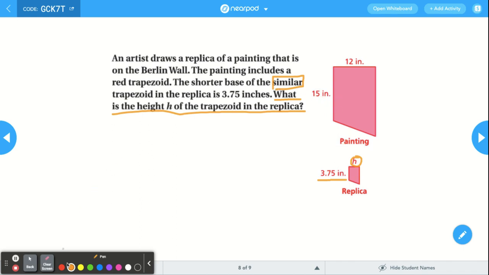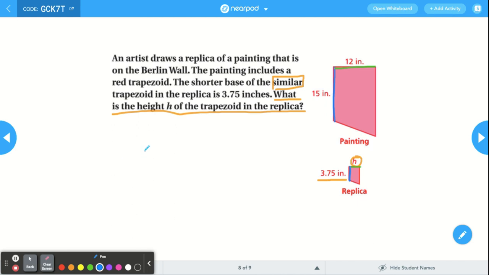So let's just point out some different things. This side corresponds to this side, and the top corresponds to the H. All right, so let's go ahead and use our cross products to help us figure this out. I'm going to put the larger numbers on top. You don't have to, it's just something that I'm going to do.